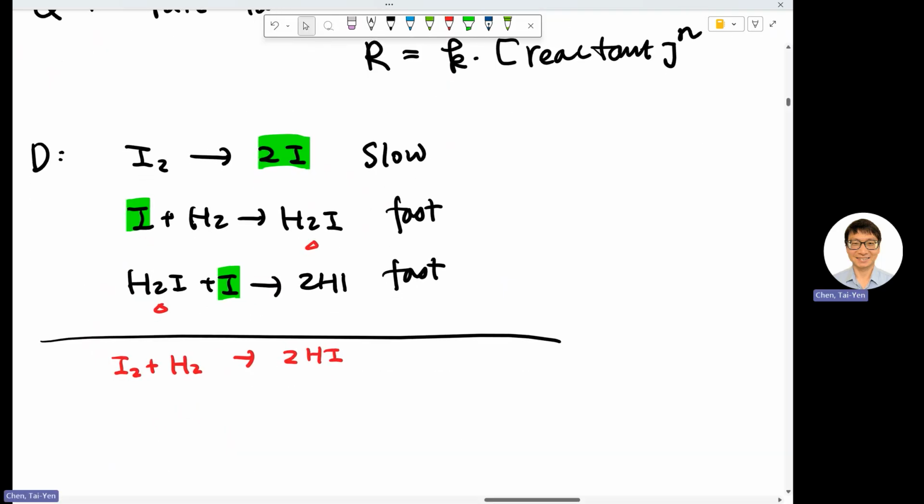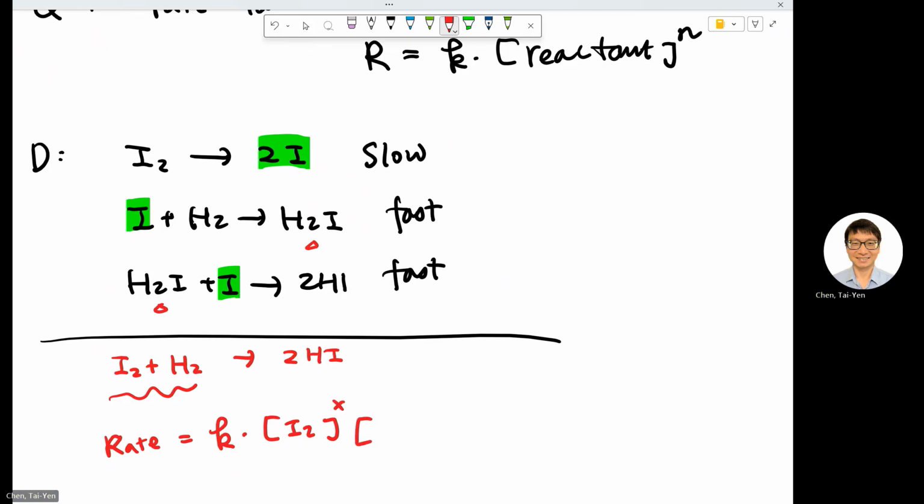I hope everybody will be able to do this, right? Once you write this down, you know your reactants will be I2 and H2. That's the first thing that you need to know. Then you know the rate law you're going to write will have a form like this: rate constant k times I2 to the x power, H2 to the y power.